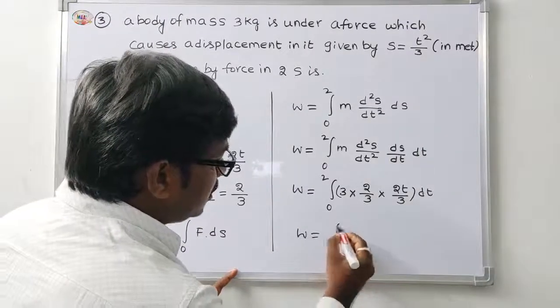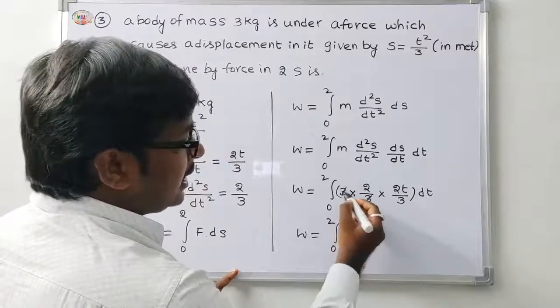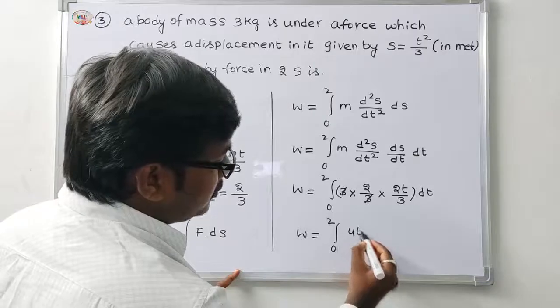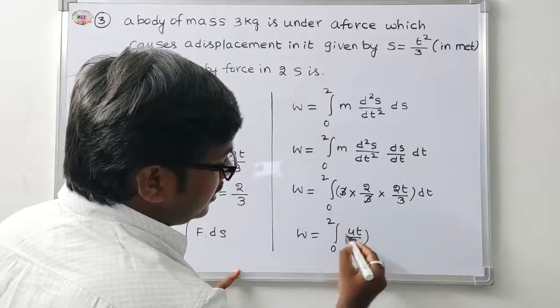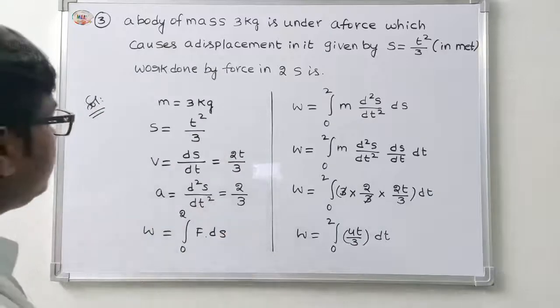Work done is equal to 0 to 2, 3 cancel, remaining 4t by 3 into dt. Okay, next.